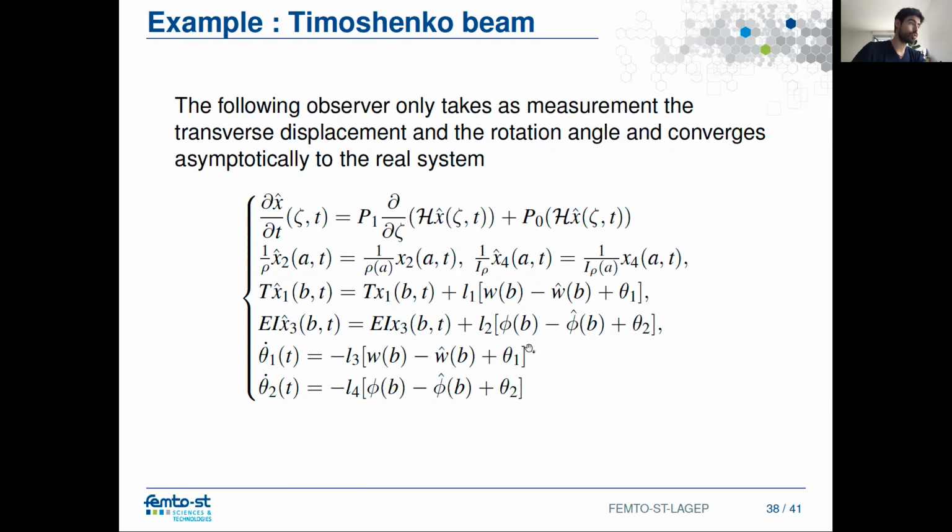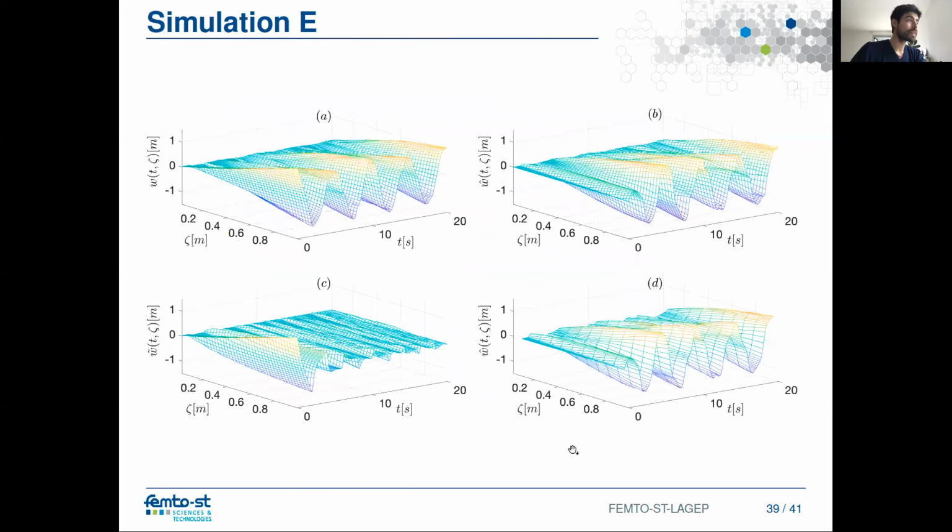And also we have two external dynamics of this system. And then we can prove that for an initial condition like this of the beam, it will move along time always. And we can design a full order observer, an infinite dimensional one, and it will converge.